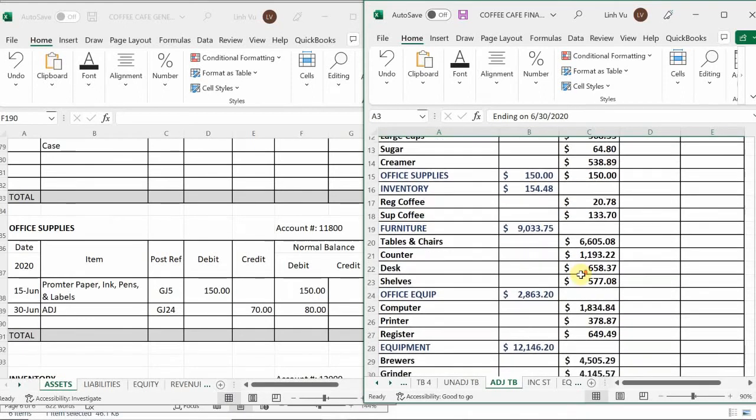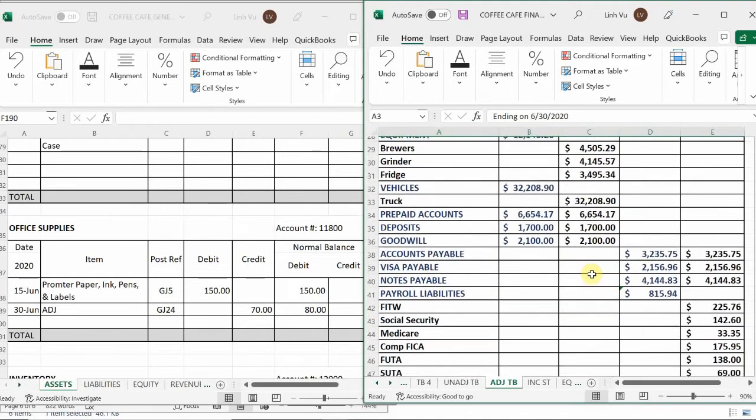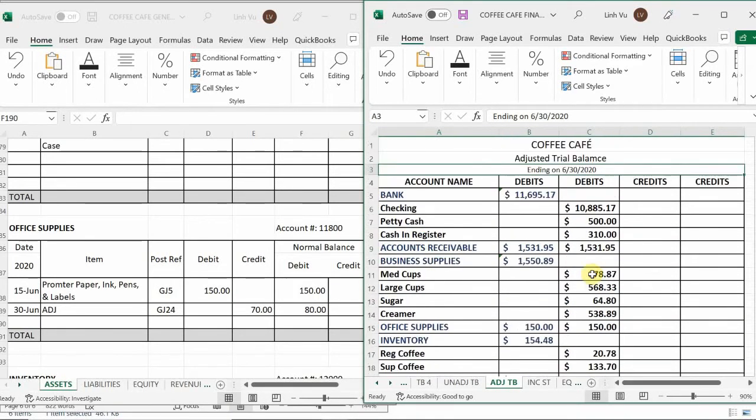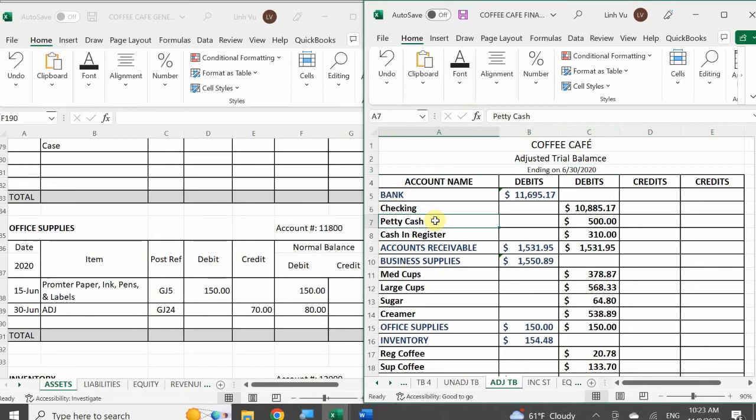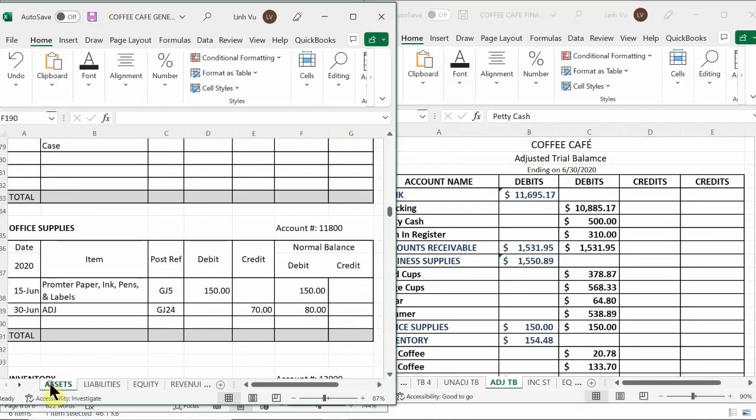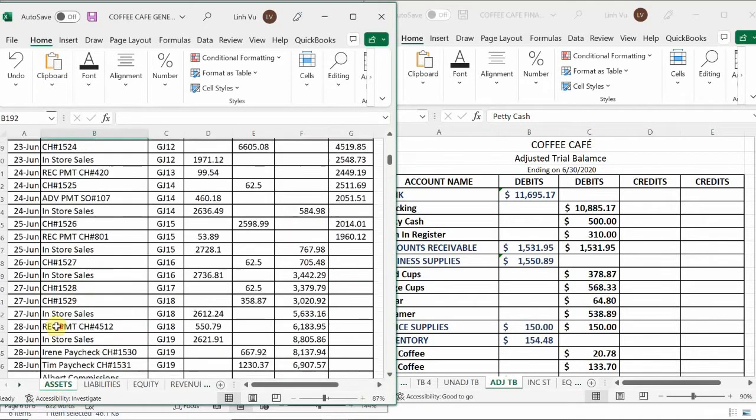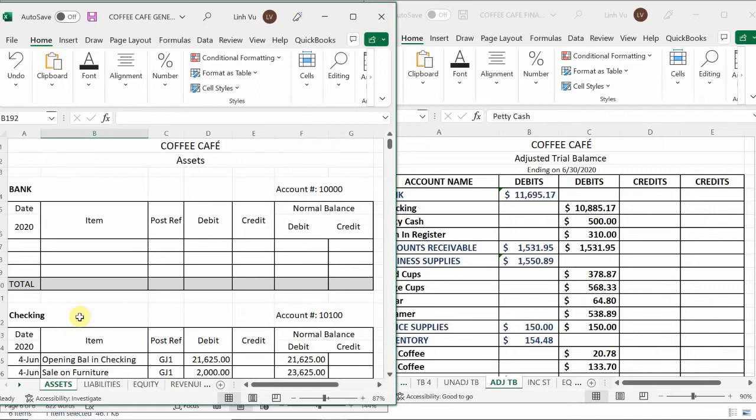So remember from the lesson, we made all the main accounts blue. Okay. So now everything that we added to all of our adjustments, we're going to add in one at a time and adjust the accounts that we need to at the same time. So let's go through the bank one more time. Go to your assets, starting from the very top here.